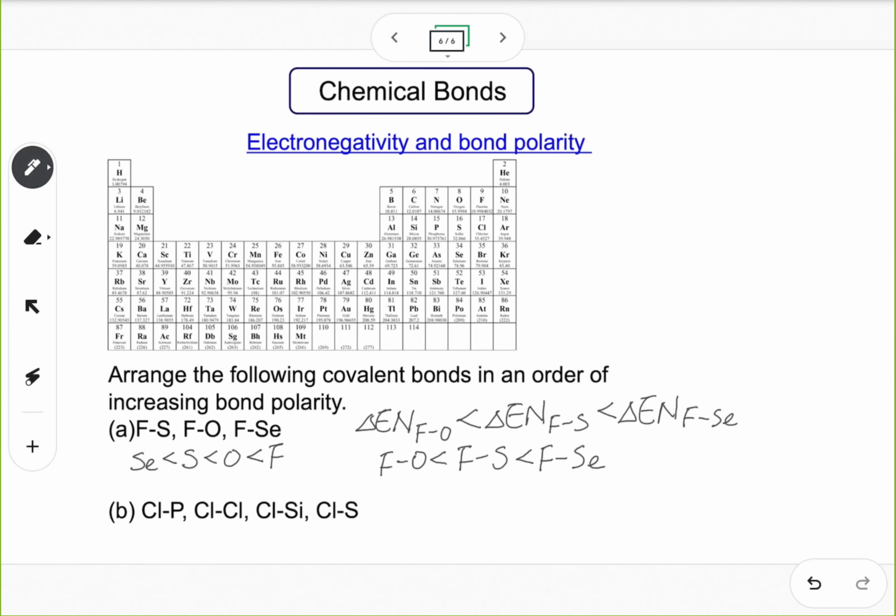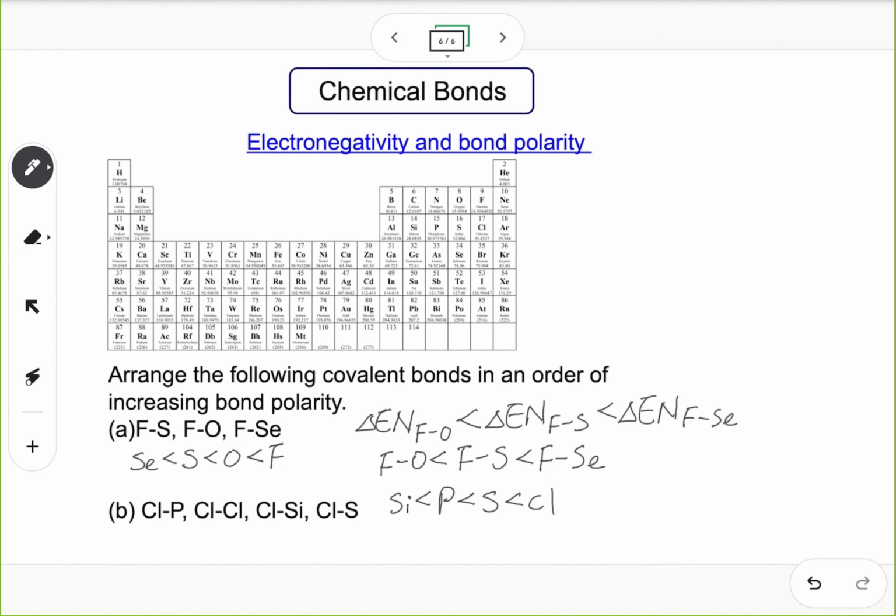Therefore, for these four elements, the increasing order of electronegativity would be silicon, less than phosphorus, less than sulfur, less than chlorine.